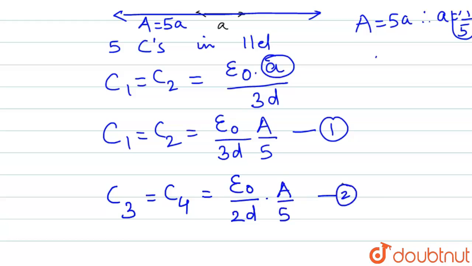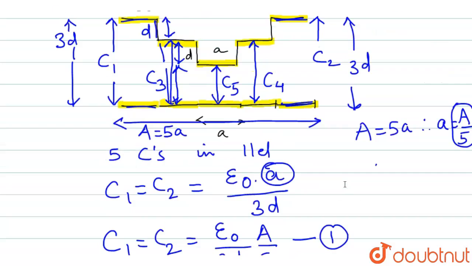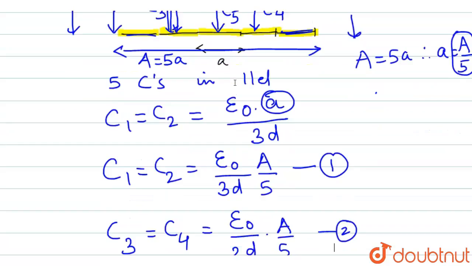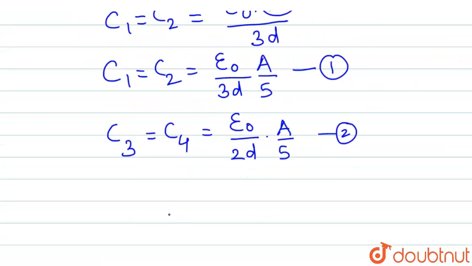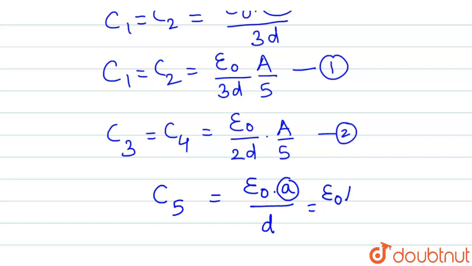This is equation number 2. Now remains the central capacitor C5, in which the height is small d. So we can take the capacity of the fifth capacitor as epsilon 0 into a divided by only d, and for this a again we can put capital A upon 5. So this is epsilon 0 capital A upon 5d. This is equation number 3.